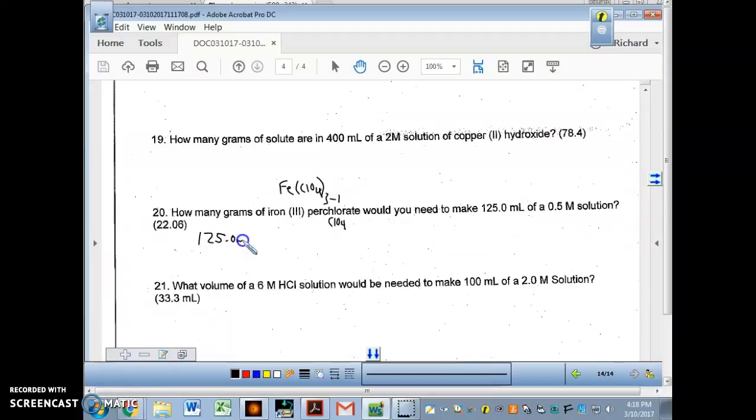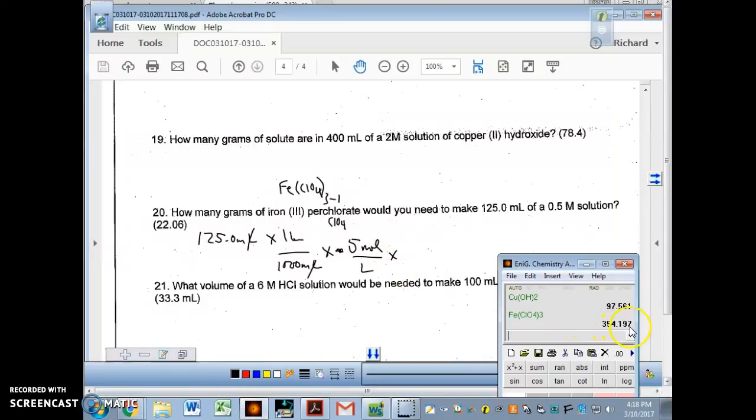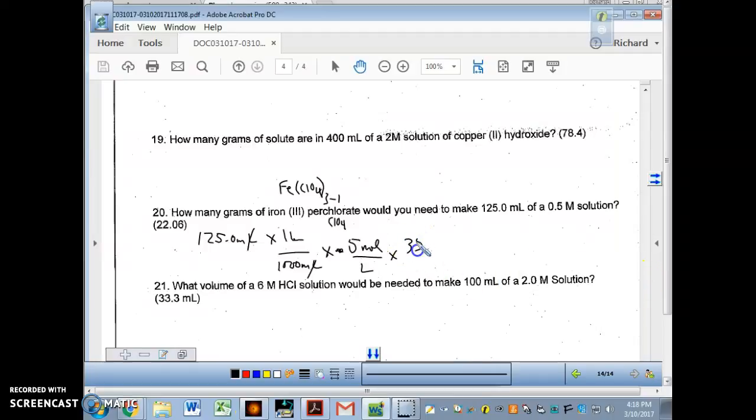125 milliliters, this time 4 sig figs. 1 liter over 1,000 milliliters, and then we are 0.5 molar this time, so 0.5 moles per liter, and then we're going to take that times our lovely 354.2 grams per mole. And liters cancel, moles cancel.